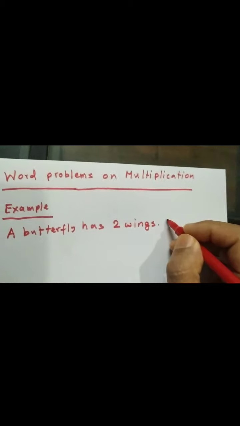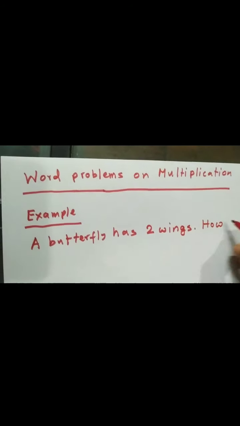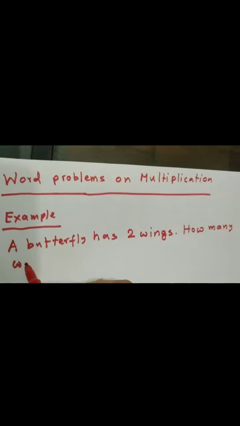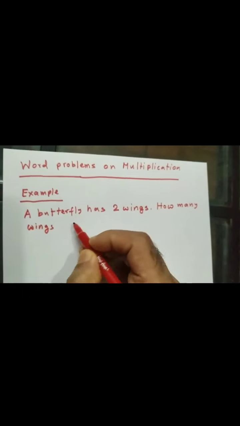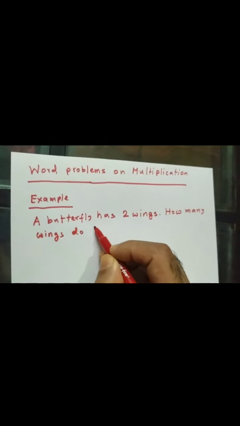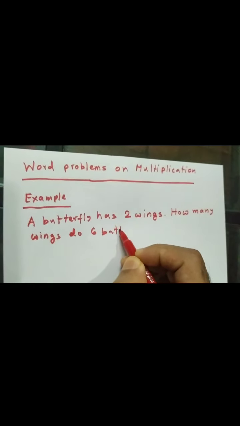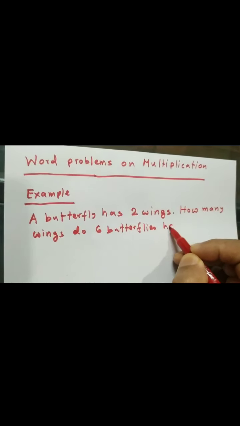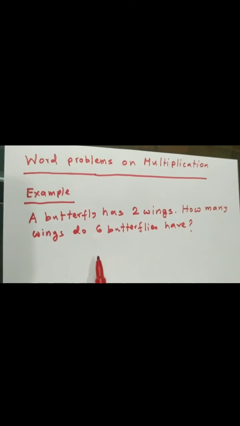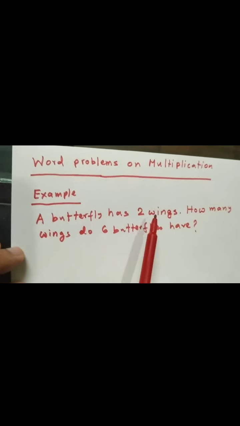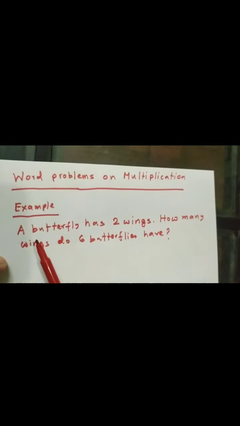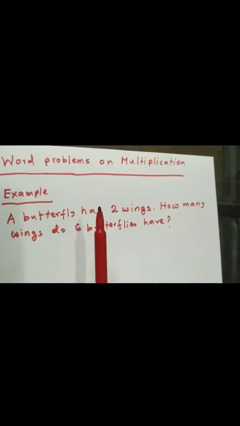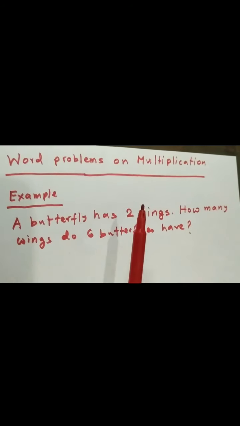So you are asked how many wings do 6 butterflies have? So as you can see, is what you need to do given to you directly in terms of numbers and symbols?